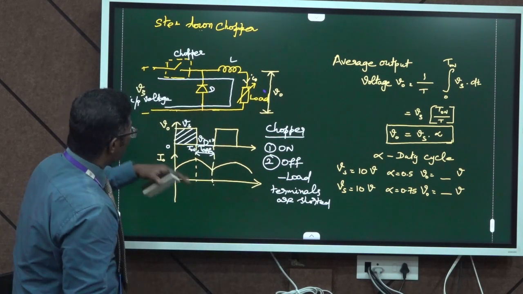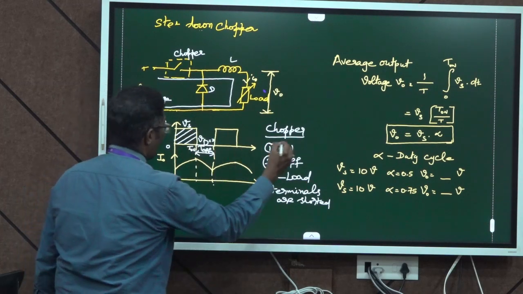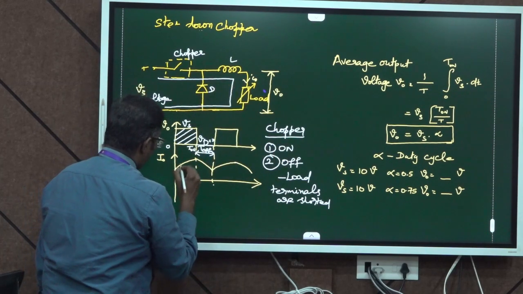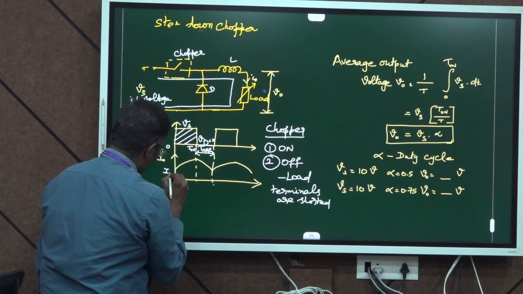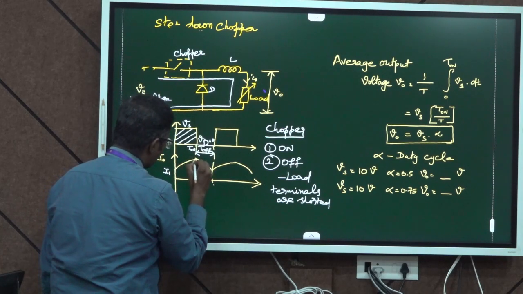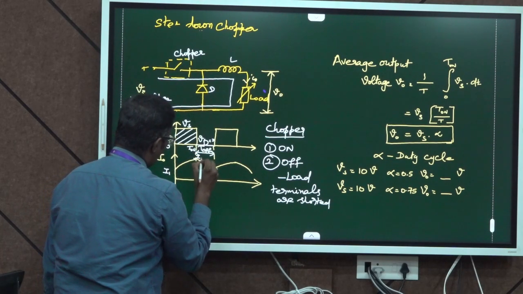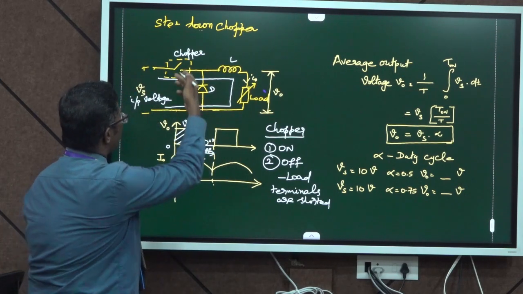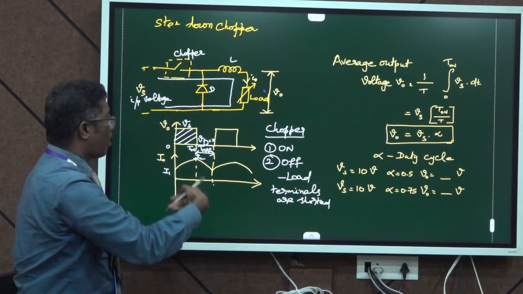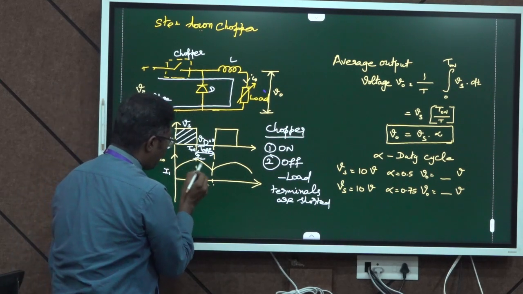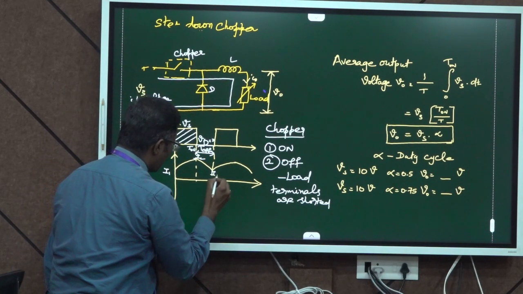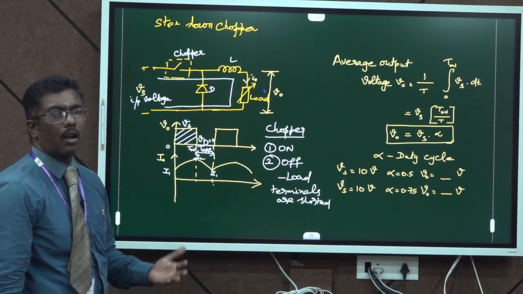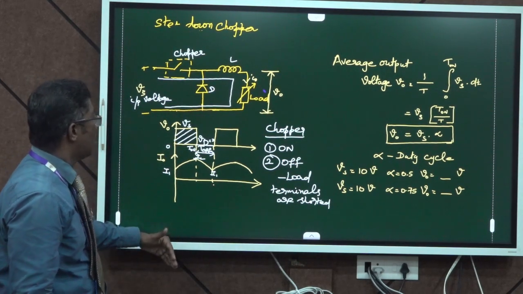In this particular case, whenever the chopper is in the on state, the current will start to increase from the lower limit I1 to the maximum limit I2. Once the maximum current is reached, the chopper circuit will be turned off and the current will start to decrease, and it will again reach the lower limit I1, so that we can maintain the current limit within this circuit.